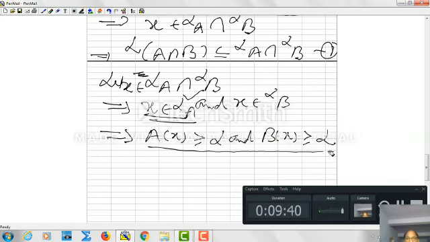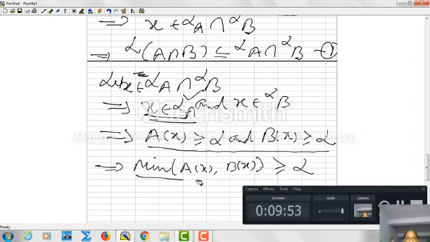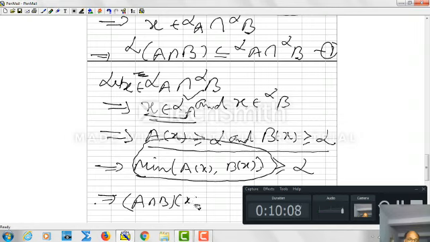By the definition of the minimum property, this implies clearly the minimum of A(x), B(x) is also greater than or equal to alpha, and this is nothing but the intersection of the fuzzy sets A and B. So this implies (A intersection B)(x) is greater than or equal to alpha.